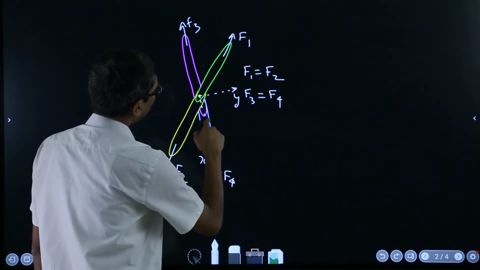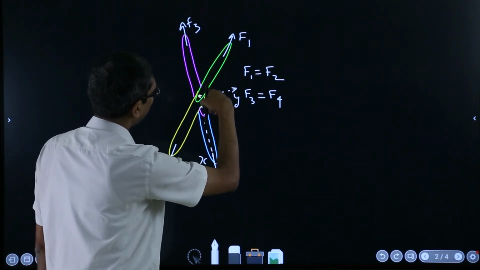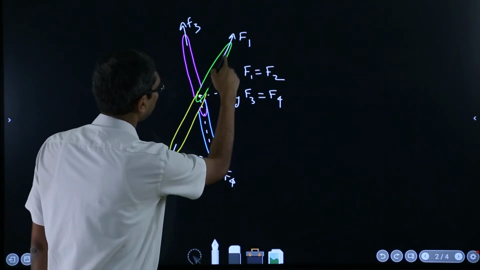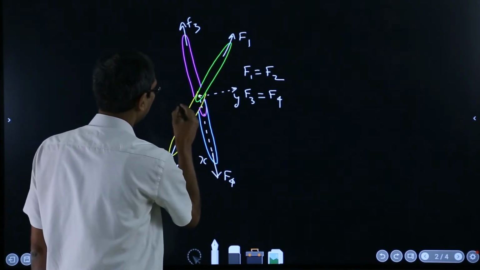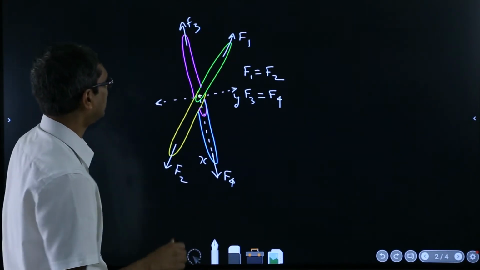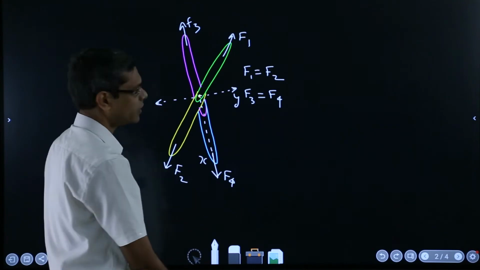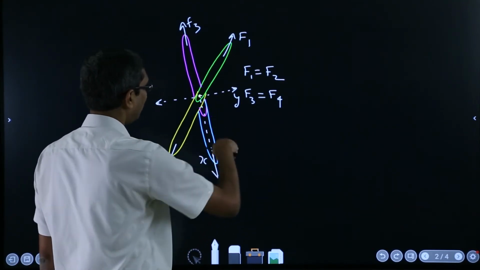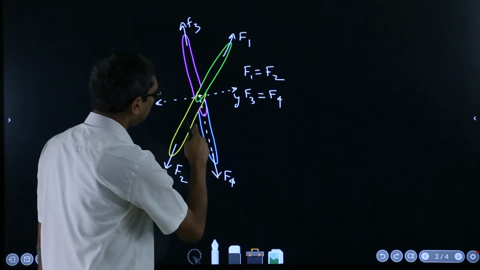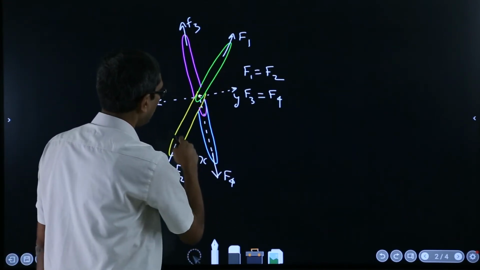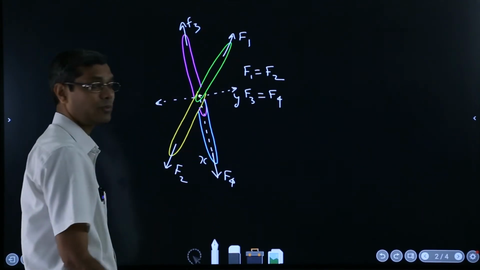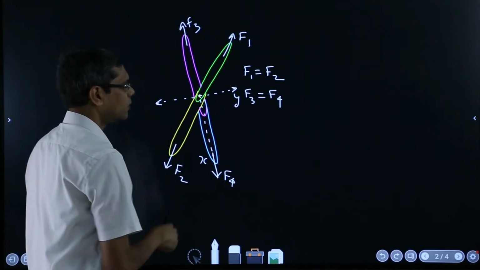Now think about the equilibrium caused by the forces F1 and F2 in the y direction. That will tell you that F1 must be equal to F2, because F3 and F4 have no components in that direction. Only F1 and F2 have to balance, and because the angles are exactly the same, these being collinear, F1 must be equal to F2.